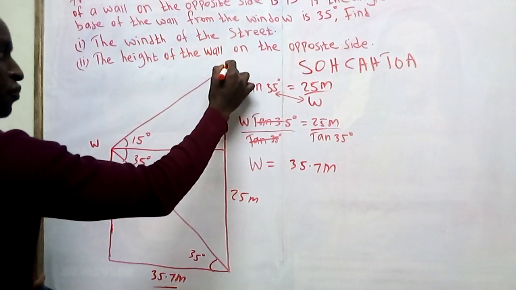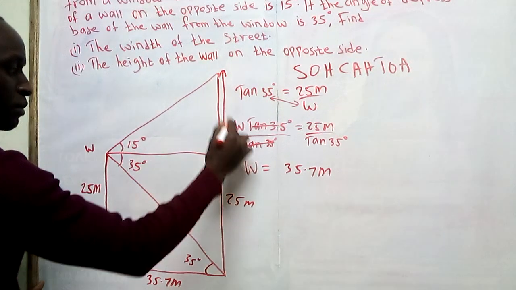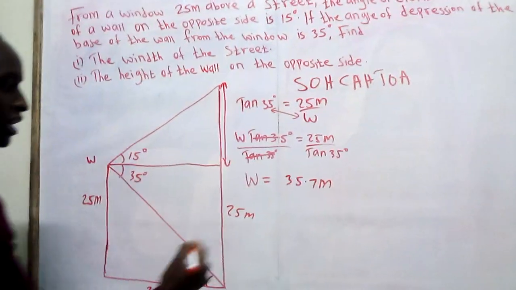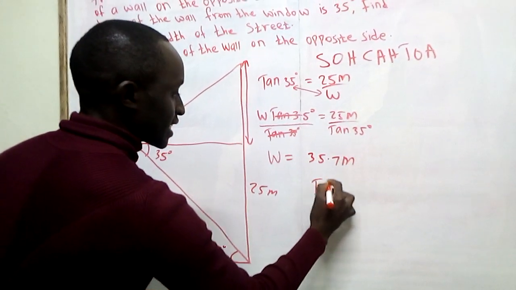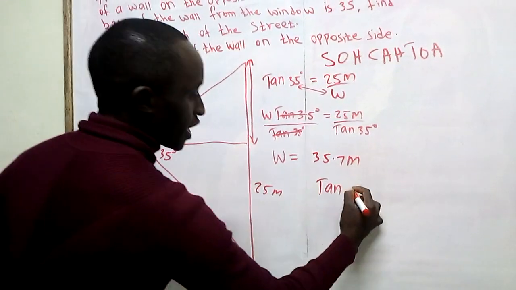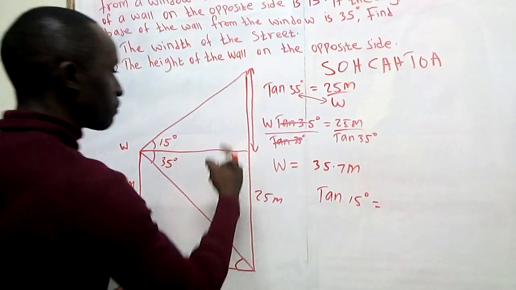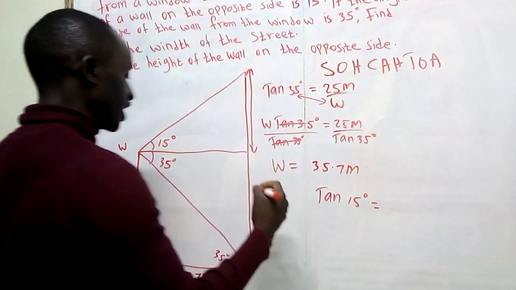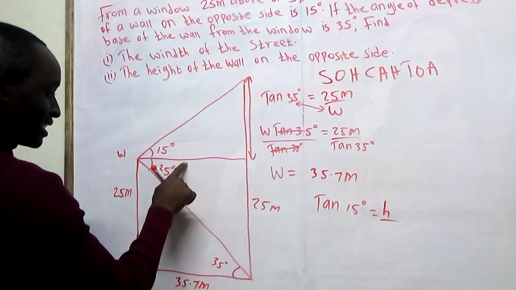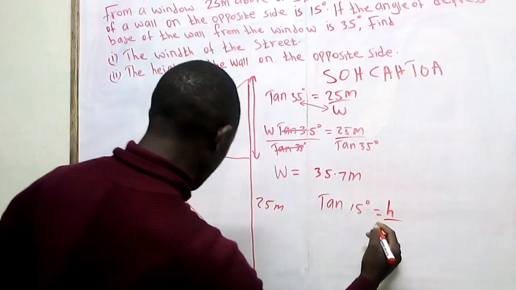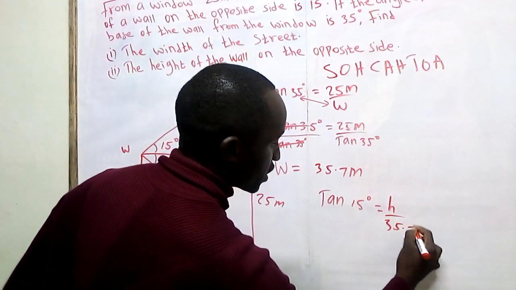I'm supposed now to find the distance here in order to add to get the total distance. If I consider this angle, I say tan 15 degrees is equal to opposite, which is H, all over adjacent. This side and this one are equal, which is 35.7.